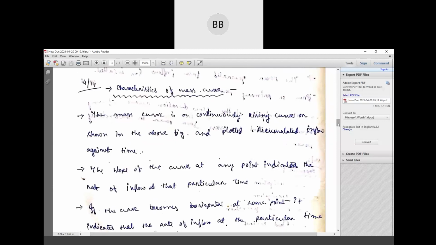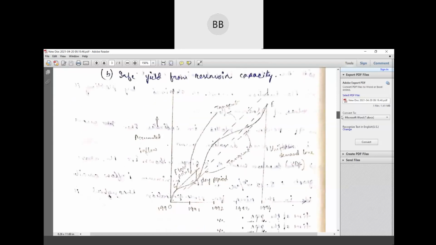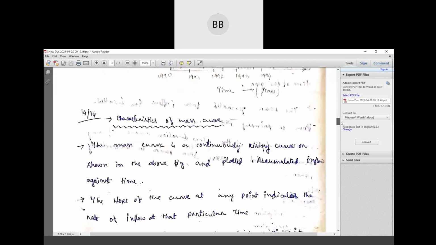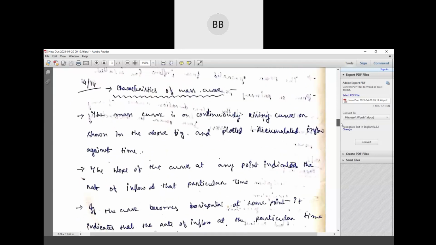Okay, so after drawing the graph, you write the characteristics of the mass curve.